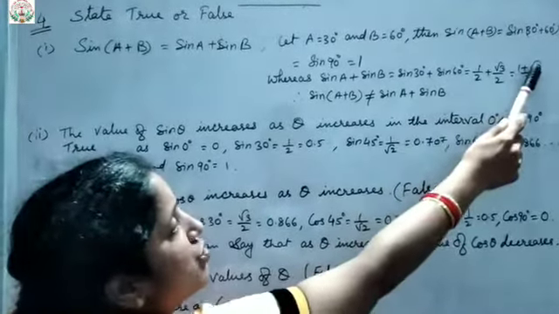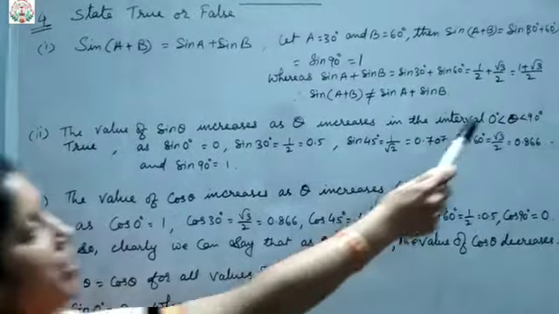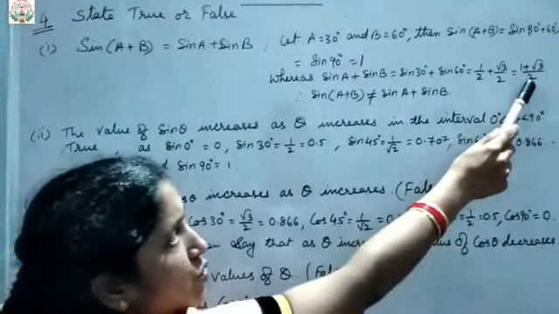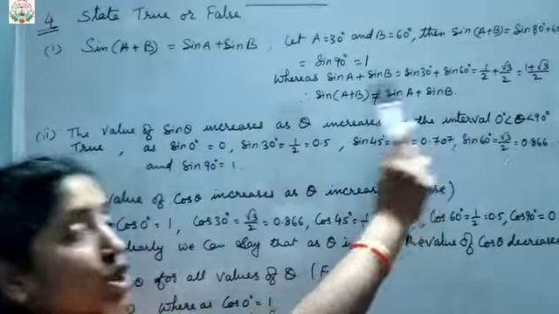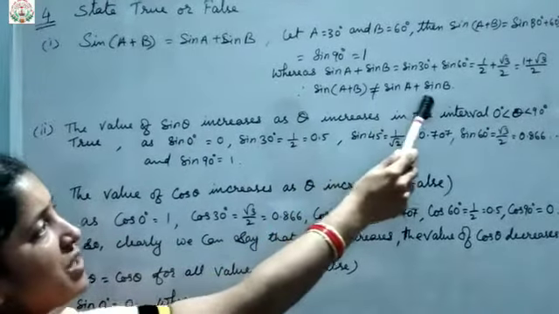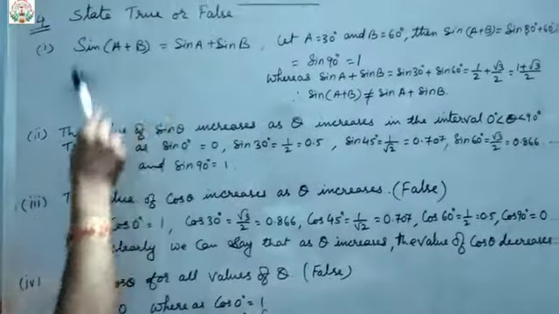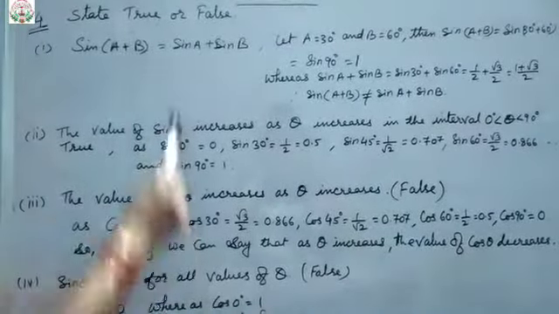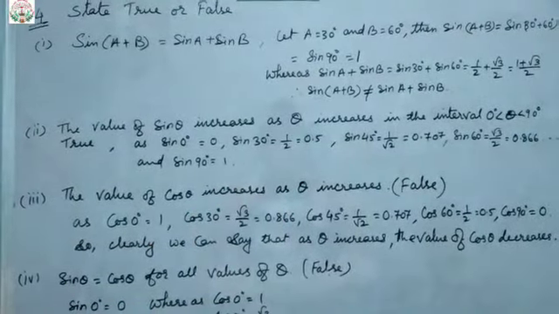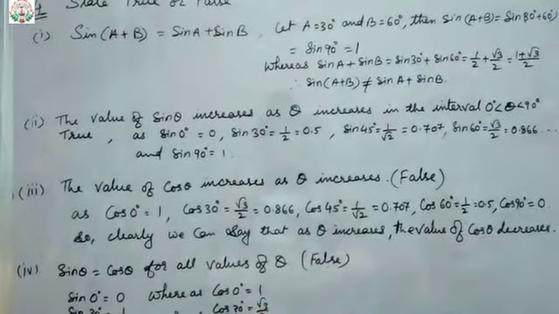That is (1 plus root 3) upon 2. Now is 1 equal to (1 plus root 3) upon 2? No. That means sin(a + b) is not equal to sin a plus sin b. Here it is given that it is equal, but here we can see that it is not equal. That means the first statement is false.